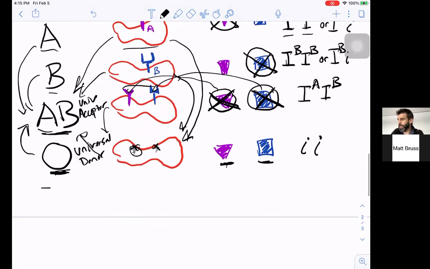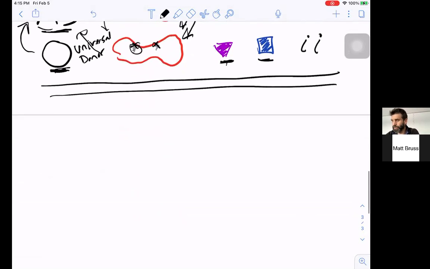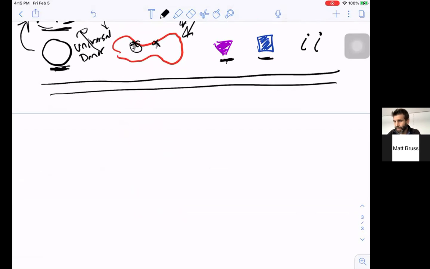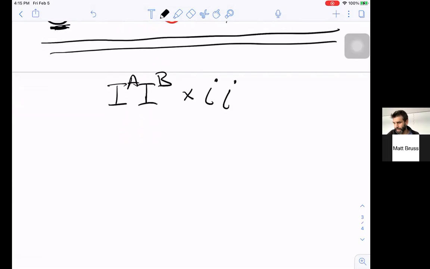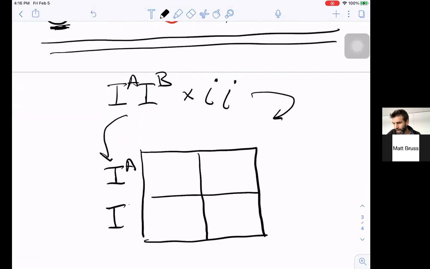So you could have problems where it says, what are the possible genotypes of an individual? Let's say it's the mom who is type AB, has a child with a father who is type O. What would be the possible genotypes of this offspring? Okay, so we do the Punnett square the same way that we had done before.